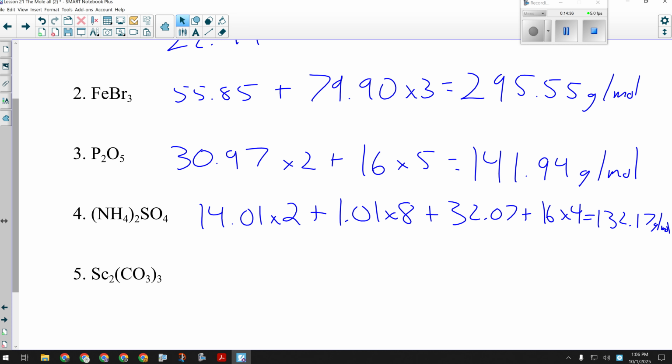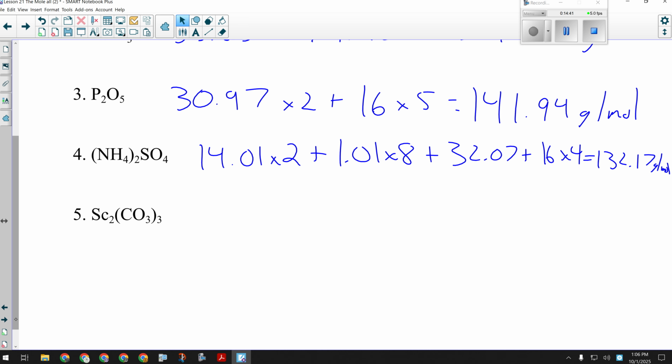All right, and then for our last one here, we got scandium carbonate. Okay, so how many scandiums are there? 2. 44.96. Okay, 44.96 times 2 plus, how many carbon are there? 3. Okay, so 12.01 times 3. How many oxygen are there? 9.